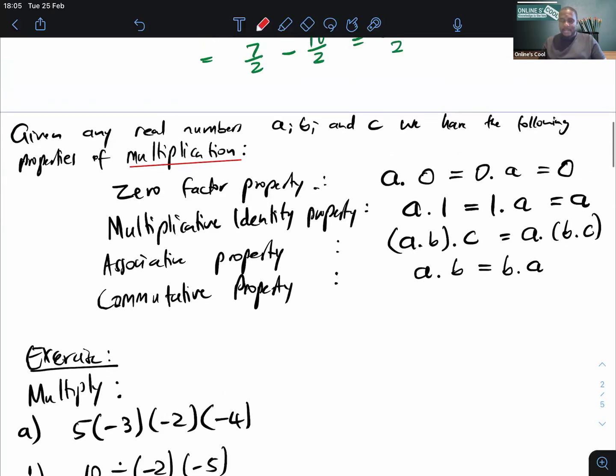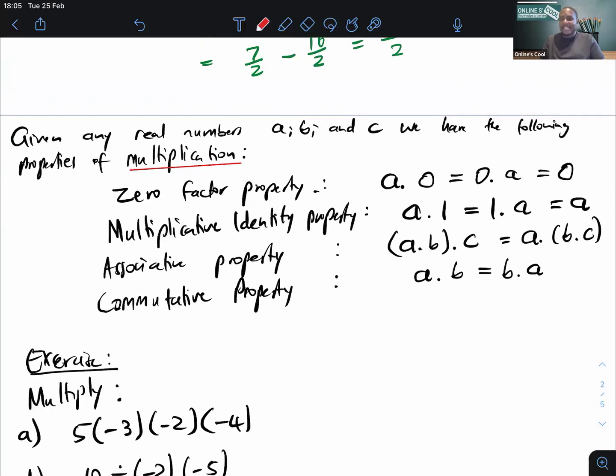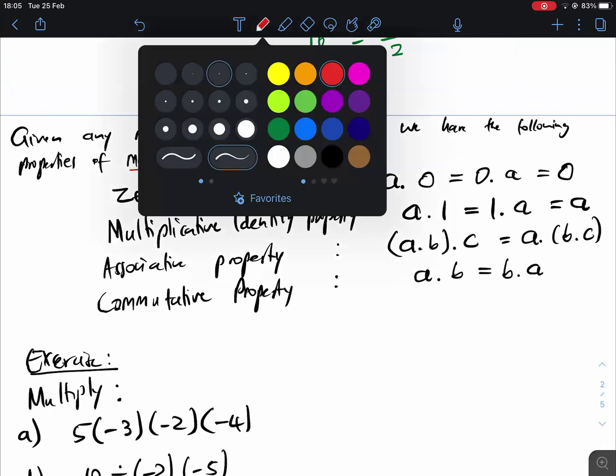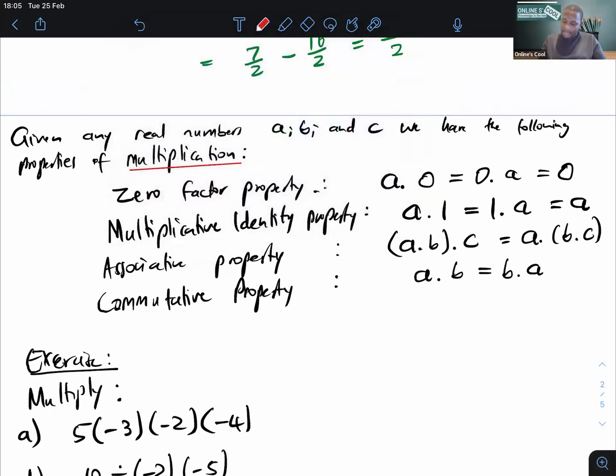The zero factor property means that anything multiplied by 0 is 0, right? The order does not matter, whether I multiply A by 0, or 0 by A, the answer there is 0. Anything multiplied by 0 is 0.